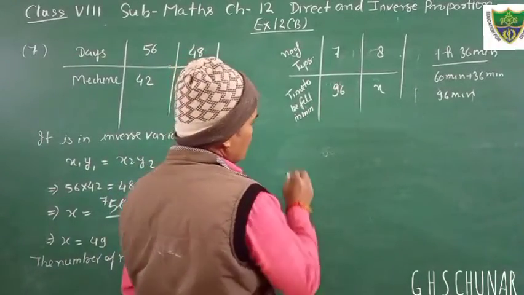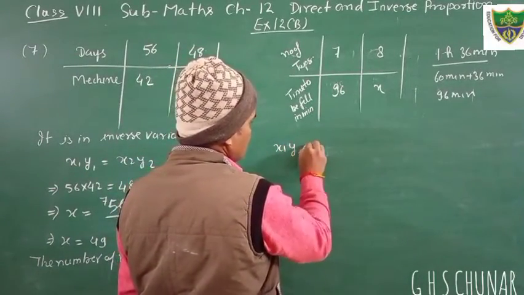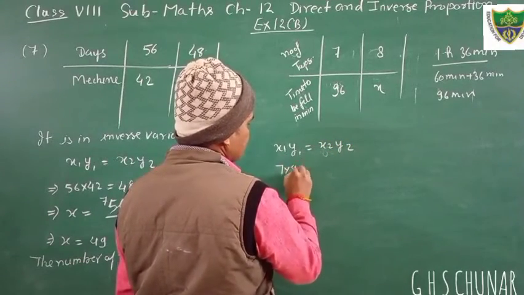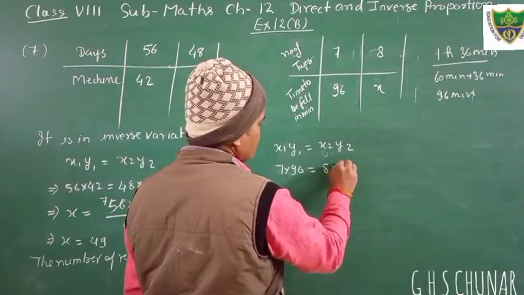Now it is in inverse proportion, that is x1 y1 is equal to x2 y2, that is 7 into 96 is equal to 8 into x.